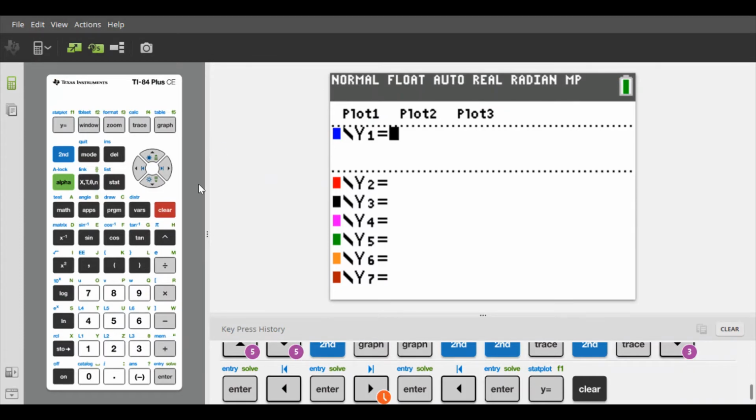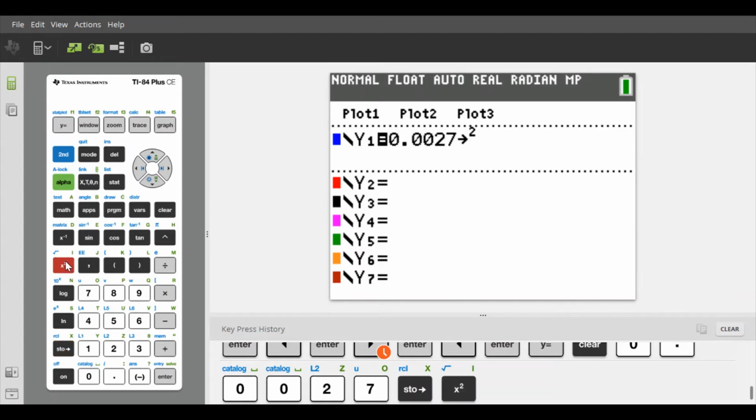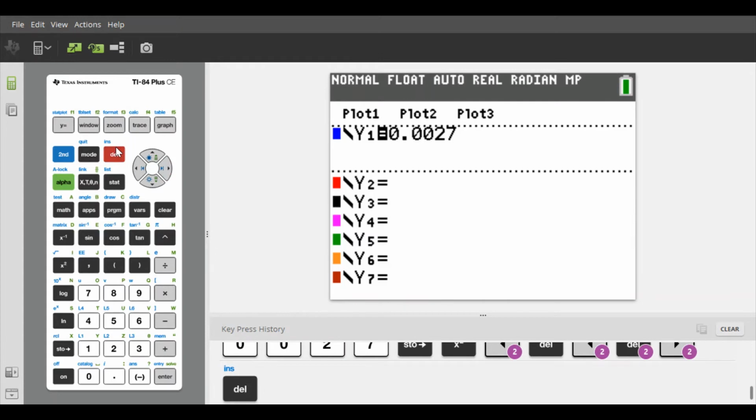Alright, so we're over here at the calculator. I'm going to type it in, 0.0027x squared. Oh, x didn't show up right. Having some technical difficulties.